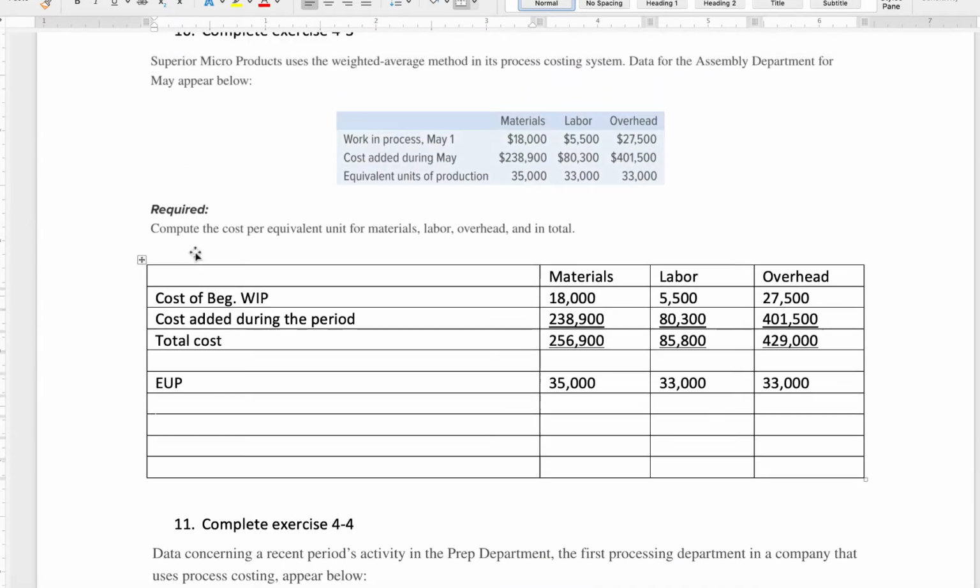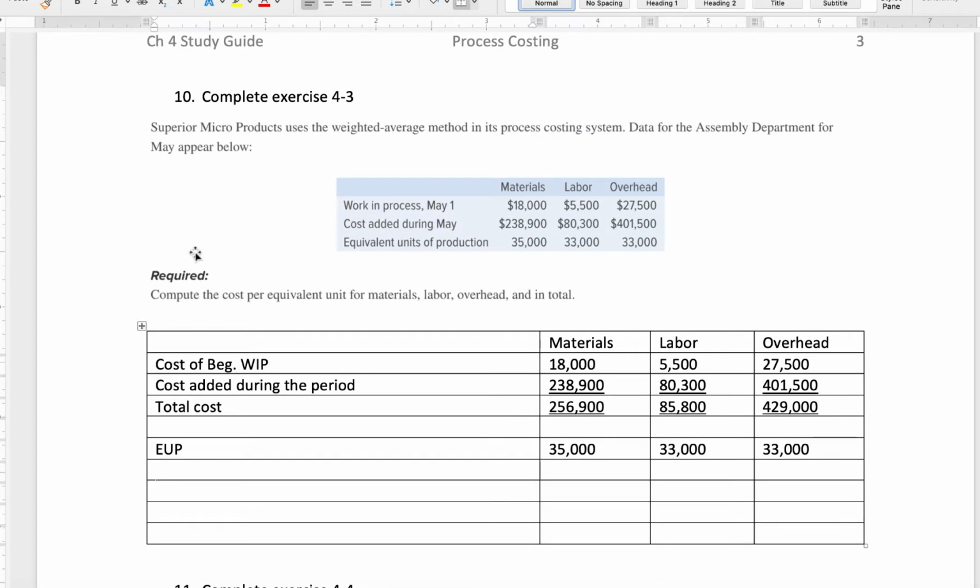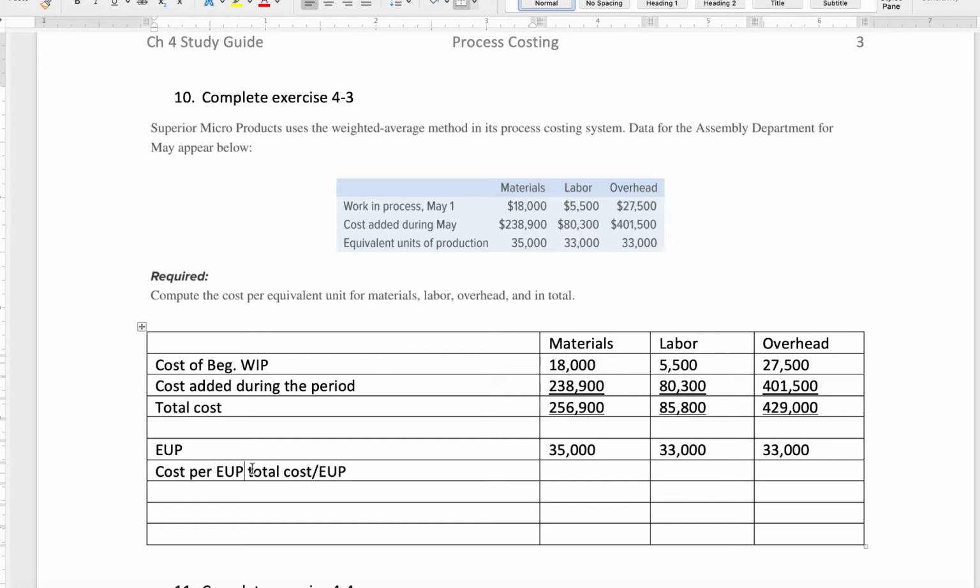And again, how we do that is to figure out the cost per EU, or EUP, equivalent unit of production. We take total cost and divide it by the equivalent unit of production. That's our calculation. That's how we get that.